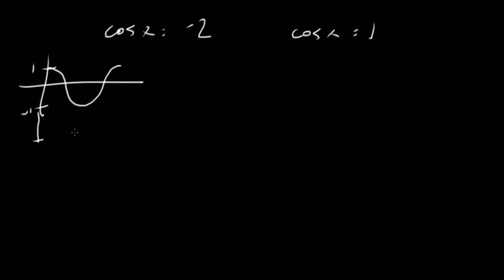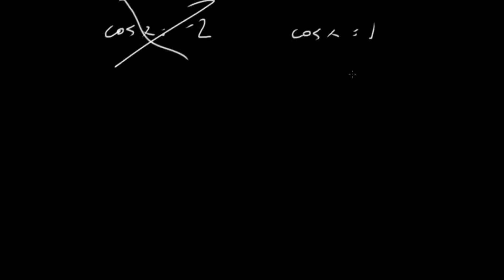So this equation right here doesn't even matter. Cool. Over here, though, cosine x does equal 1, and cosine equals 1 at 2 pi, and any multiple of that, 2 pi k. So there is our solution to this equation.